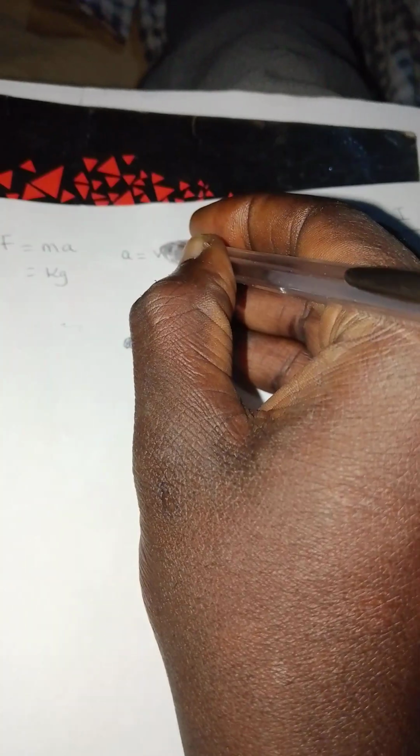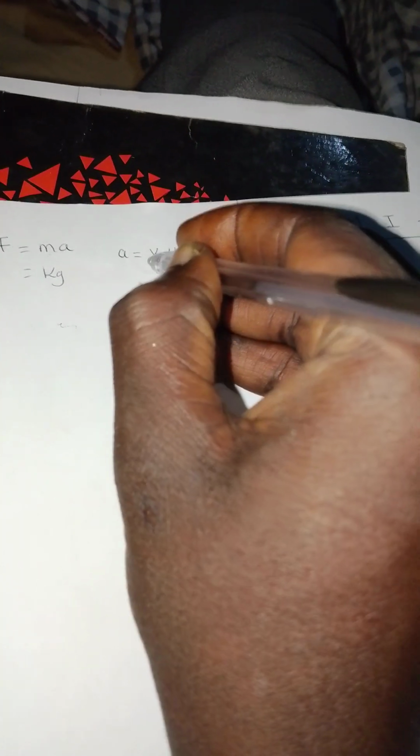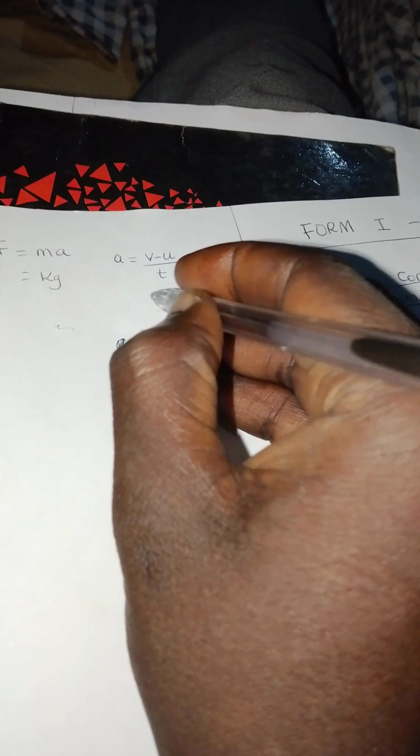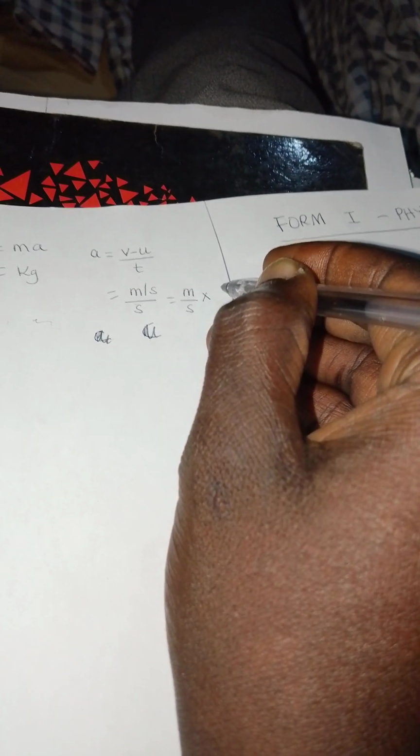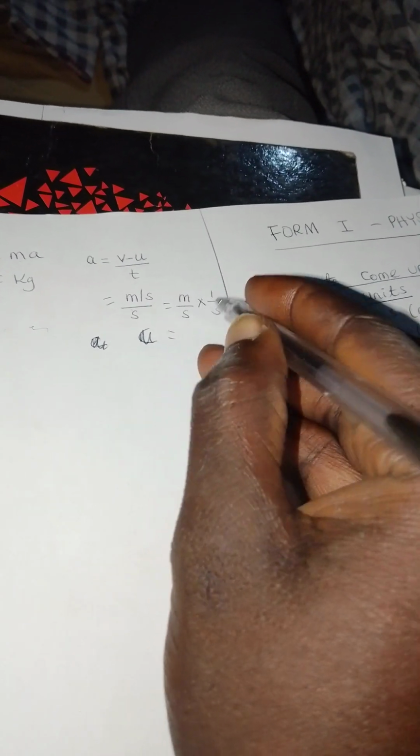Acceleration is given by final velocity minus initial velocity divided by time, where the SI unit for velocity is meters per second over the SI unit for time, which is second. This means I have m over second, then times 1 over second. When I multiply the two, I'm getting m over second squared. Then this means we have m per second squared.